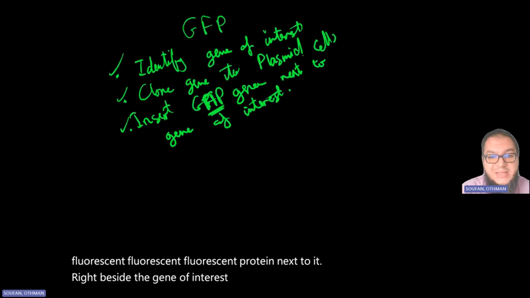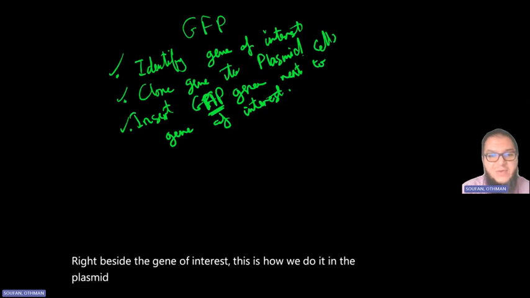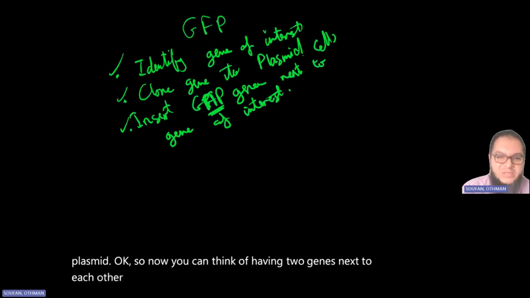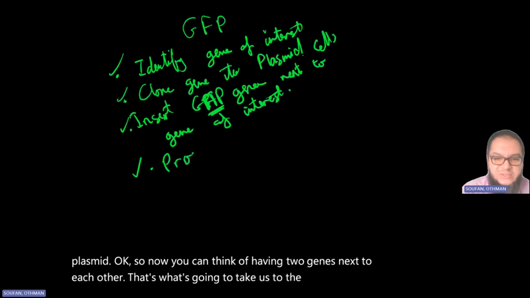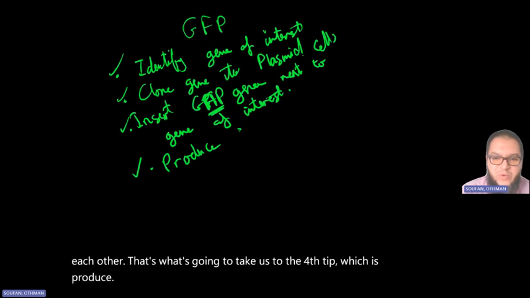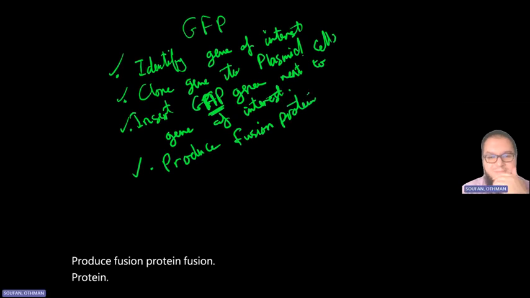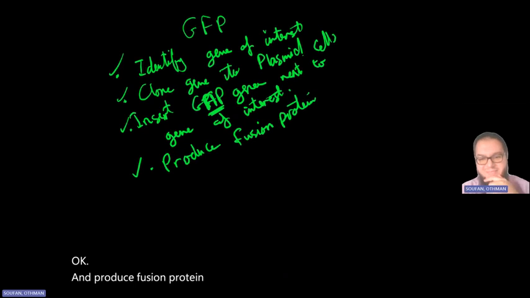This is how we do it in the plasmid. So you can think of having two genes next to each other. That takes us to the fourth step, which is to produce a fusion protein.